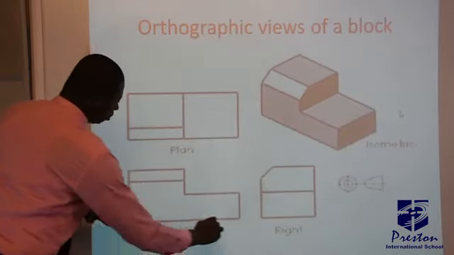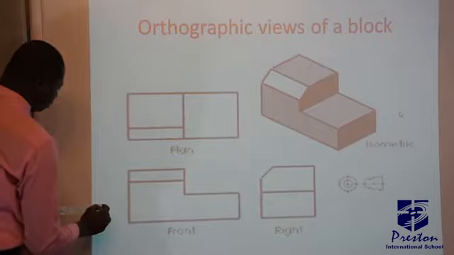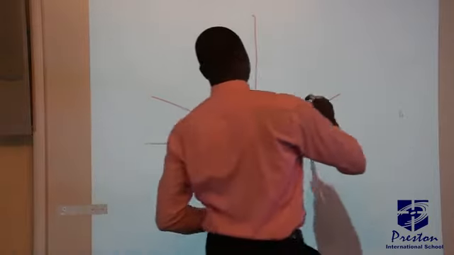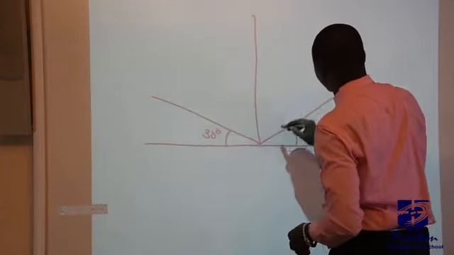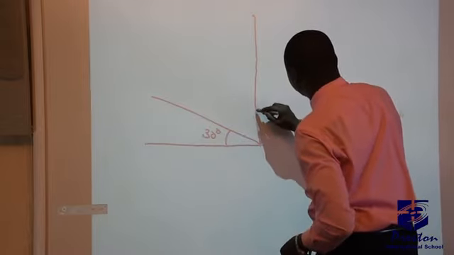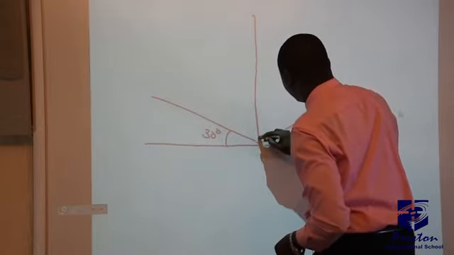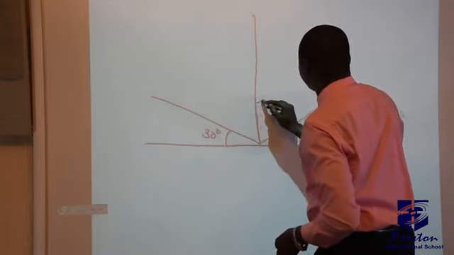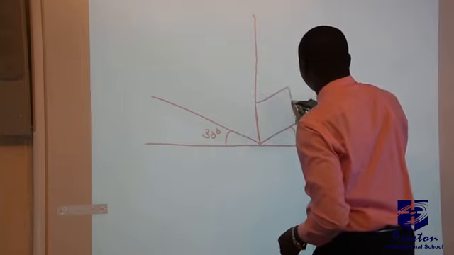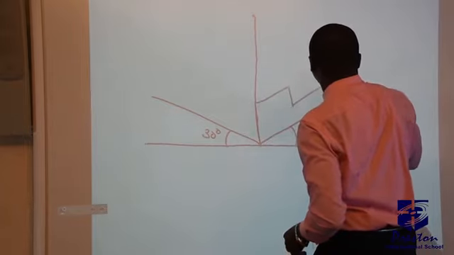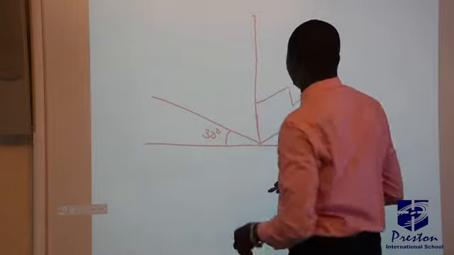You see something like this. So you project this way, draw a line, then the object looks like this.